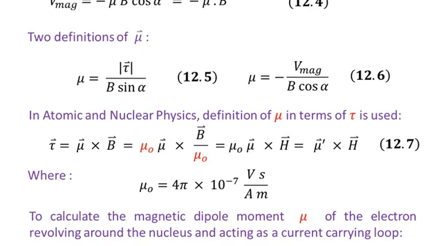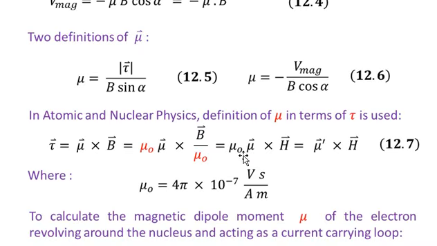And remember, here we are particularly emphasizing the single valence electron in this chapter, because we are talking about the doublet theory, and doublet theory arises when there is only a single valence electron in the atom. So there are two definitions that I have shown in equation number 5 and equation number 6.